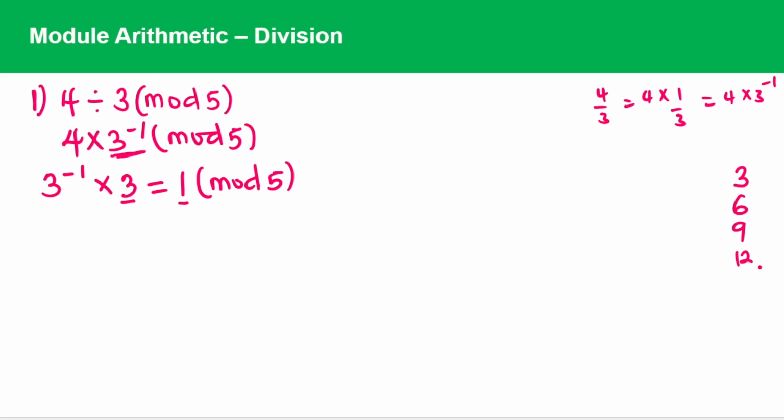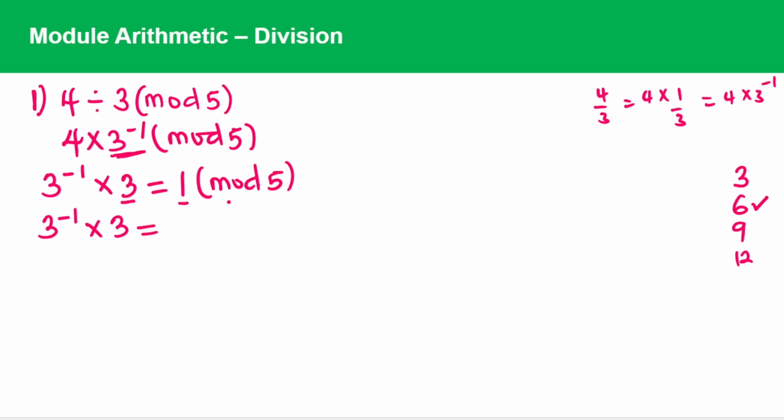They are all divisible by 3. But not all of them will leave a remainder of 1 when divided by 5. Out of this list of numbers, only 6 will leave a remainder of 1 when divided by 5. Therefore, the number 6 fulfills the two conditions. It is divisible by 3 and is going to leave a remainder of 1 when divided by 5.